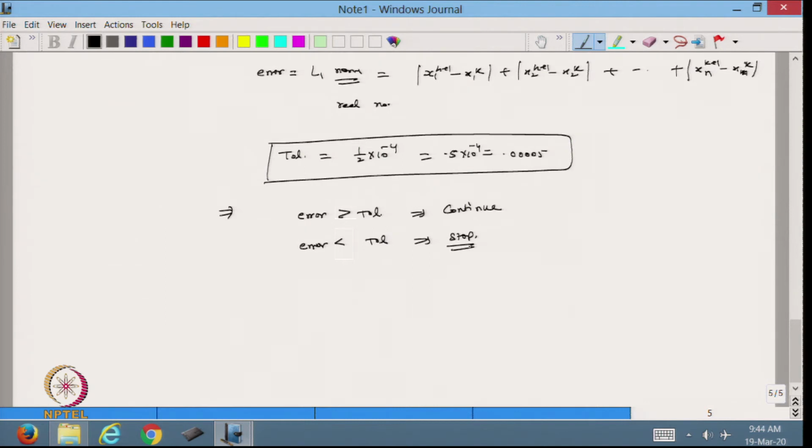It depends upon how much accuracy you are interested in. If you want more accuracy, suppose I take the tolerance as half into 10 raised to power minus 5, then the number of steps may increase. So, it all depends upon how much accuracy is needed.